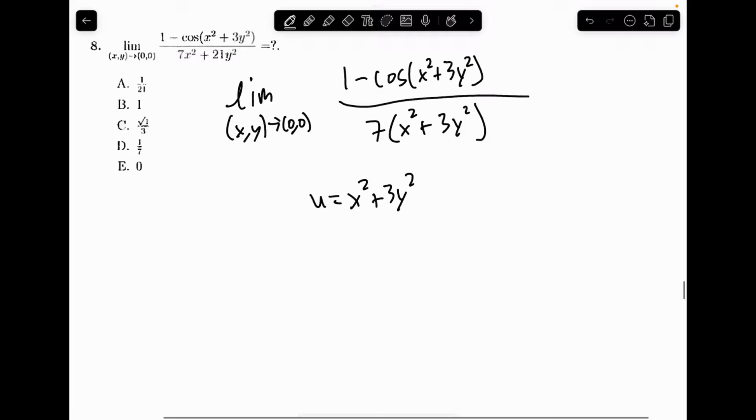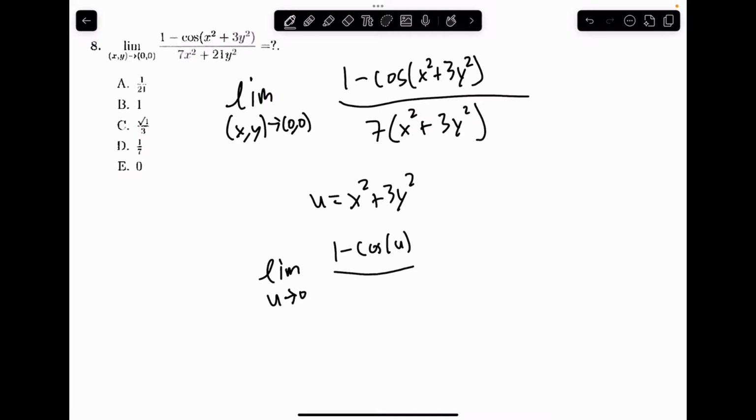Now, if we transform our limit bounds, we get the limit as u goes to 0 of (1 minus cosine u) all over 7u. Maybe you know this limit from Calc 1 or Calc 2.